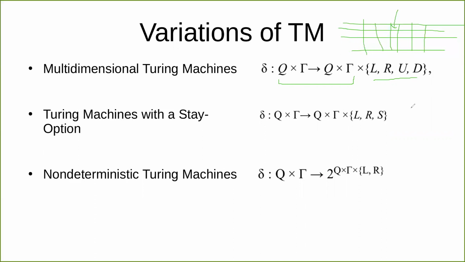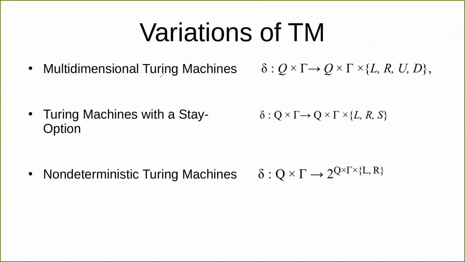If there are four directions, this would be the case, but there could be a fifth, sixth, seventh, nth direction machine. But this machine also doesn't have more power than a conventional single-tape Turing machine. So this is the multi-dimensional Turing machine.